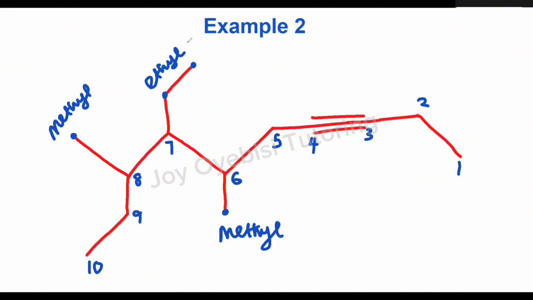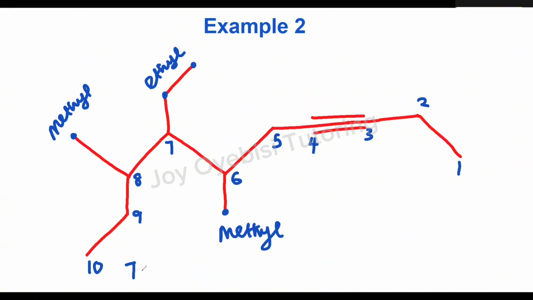The next step would just be to name them. Now, when it comes to naming, we name the substituents first, okay? And here we have 2 methyl groups and 1 ethyl. When you have 2 different groups of substituents, you have to name them alphabetically. So the ethyl group is going to start, and that is on carbon 7.